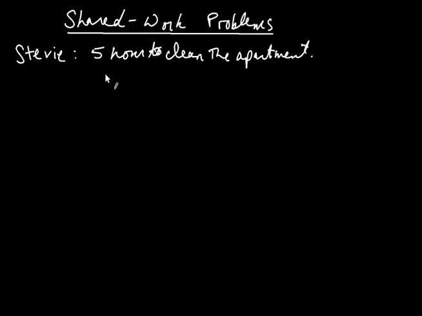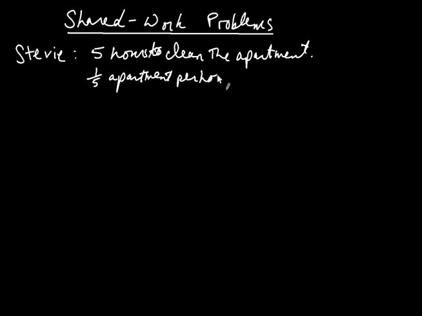Now you might say that Stevie's average rate of working, so 5 hours to clean the apartment, would be 1/5 of the apartment per hour.